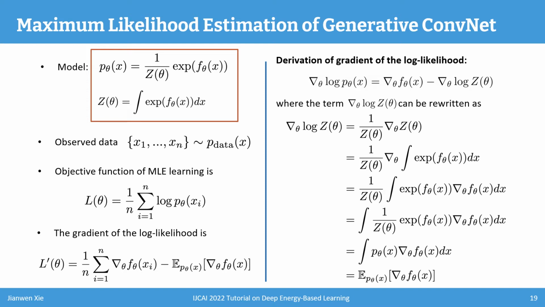The objective function of maximum likelihood estimation is the average of the log probability density of the training examples. The gradient of the log likelihood involves an expectation term which is analytically intractable. The expectation term comes from the derivative of log Z, where Z is the intractable normalizing constant. We see the derivation of the gradient of the log likelihood on the right-hand side.